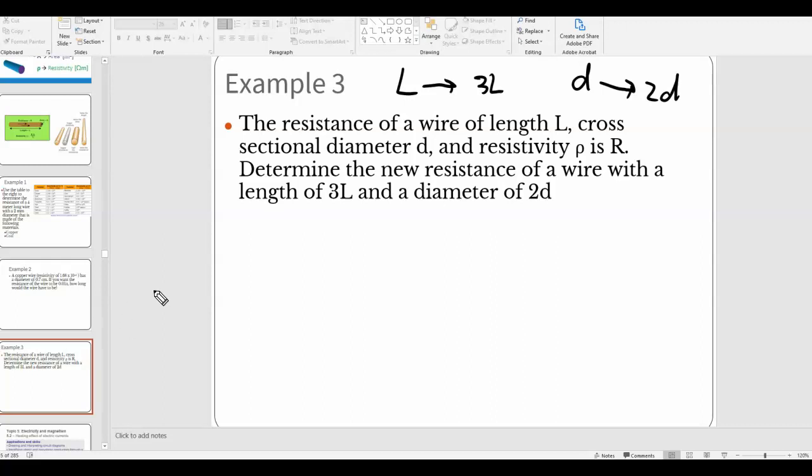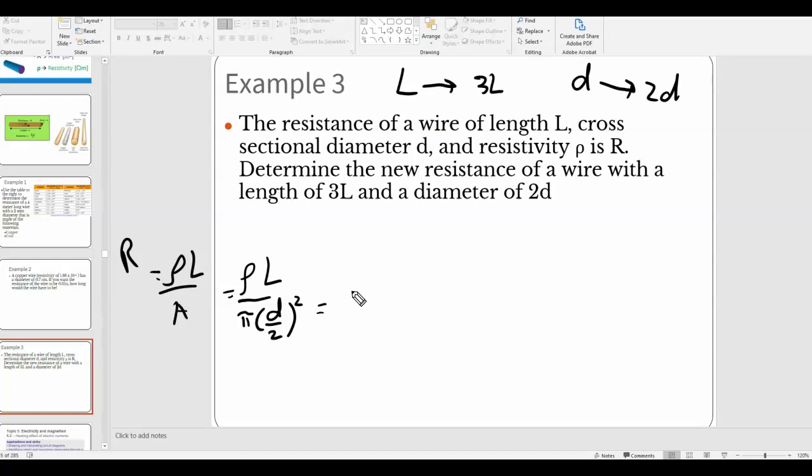Now first of all, recognize they give us the diameter D, but that's not really in the equation. So first, let's write the equation in terms of diameter. If it's a wire, it's going to be pi r squared, or we could say pi times (D over 2) squared.